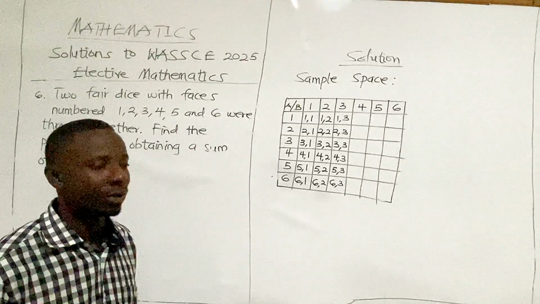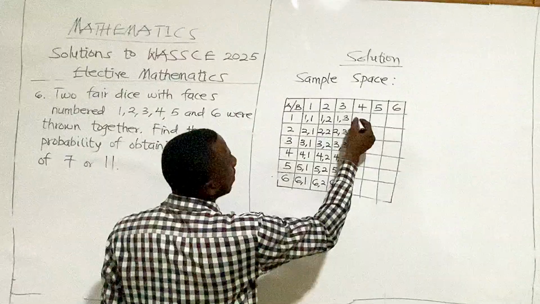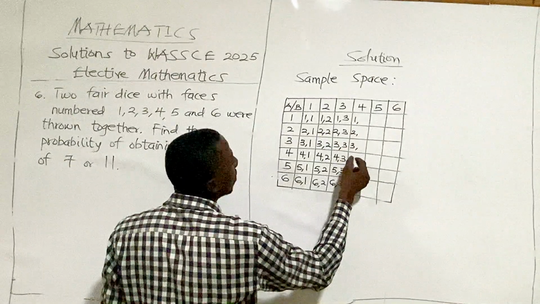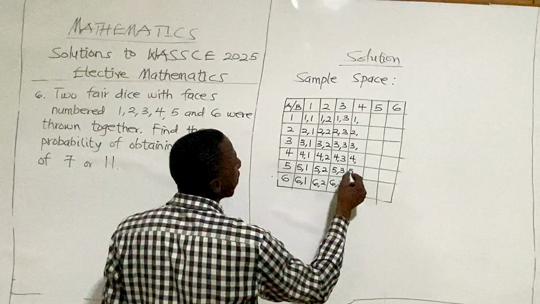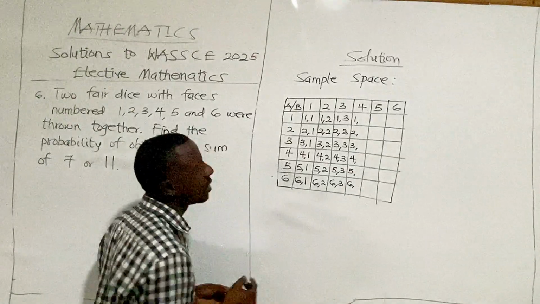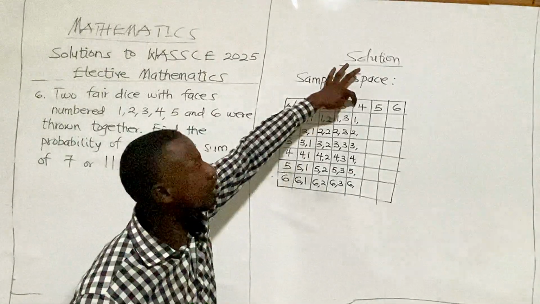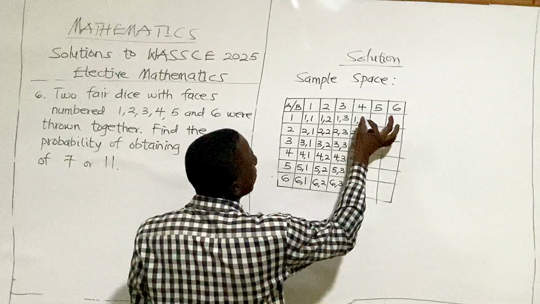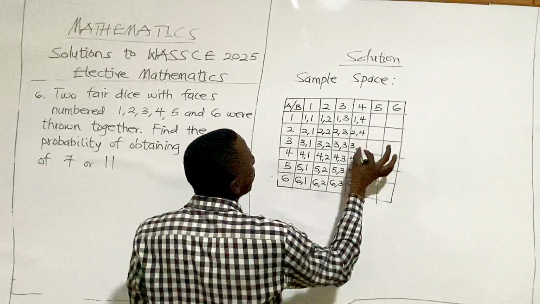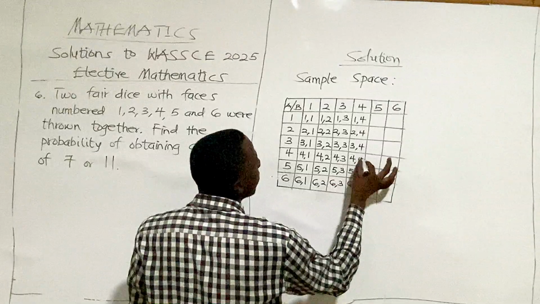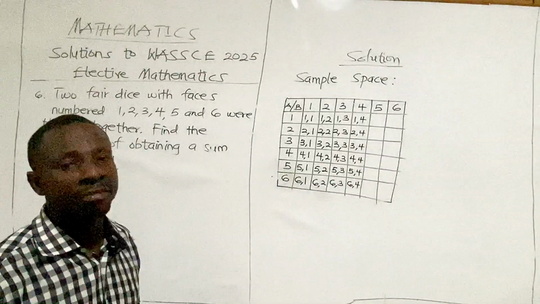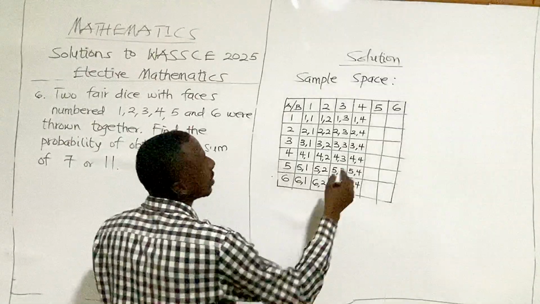The next column: 1, 2, 3, 4, 5, then 6. And what number do we have on top here? 4. So the 4 runs through: 4, 4, 4, 4, 4, 4. Very, very simple.